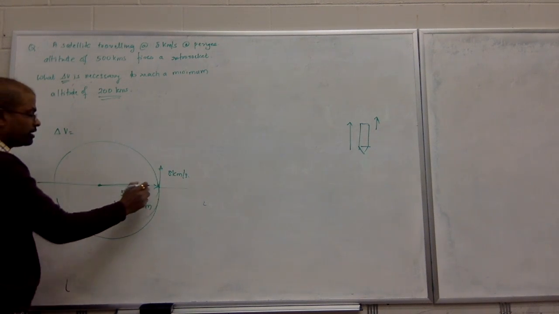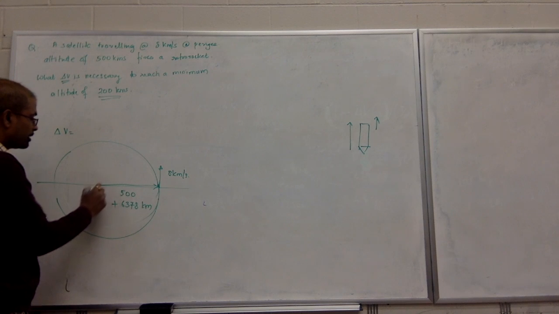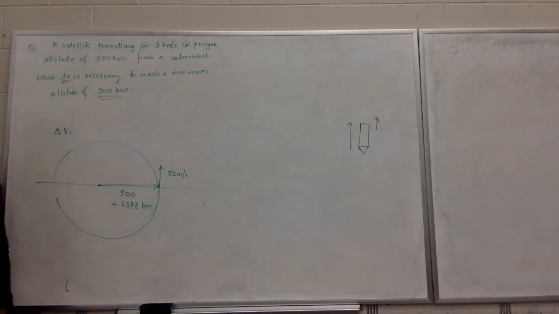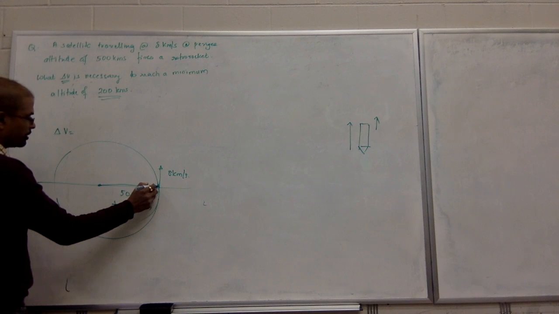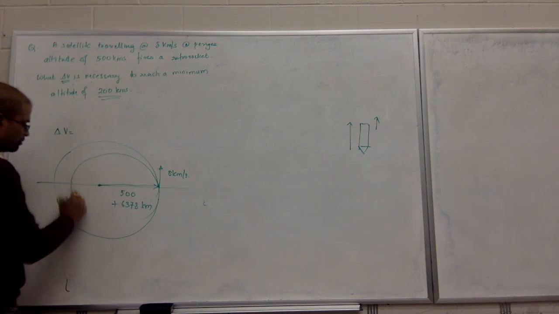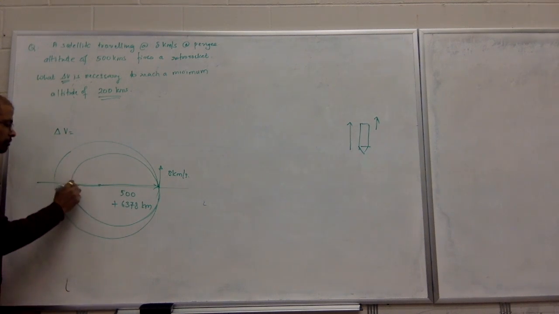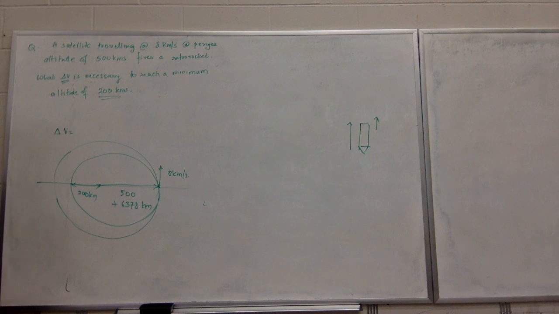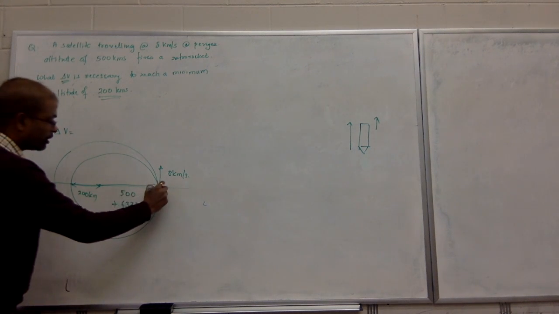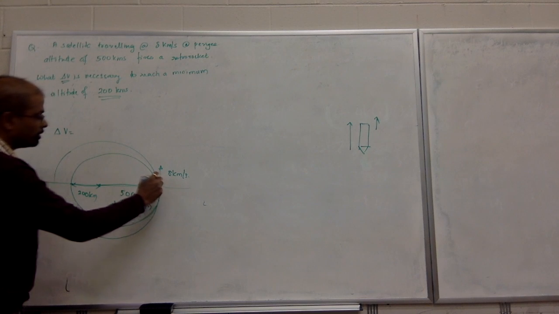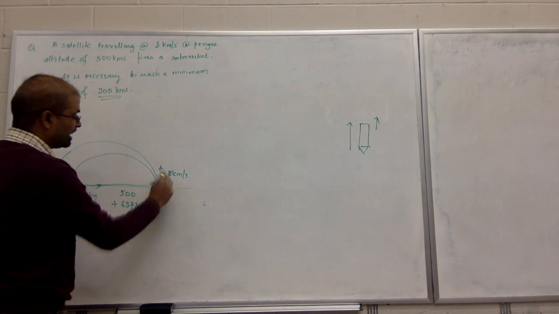The velocity will decrease, and when it decreases, keep in mind it cannot reach 200 here. It has to do this. So this is 200. It's immaterial what this distance is, okay? But here when it fires the rockets in this direction, the speed will be less than 8 kilometers per second.